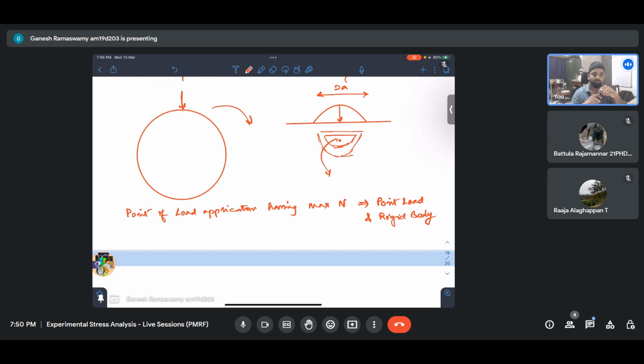So even if we apply a point load, it will get distributed over a finite area. So these things are abstractions. These are only holding in ideal cases.